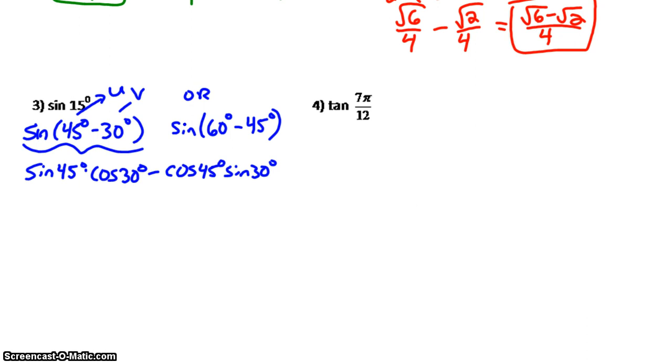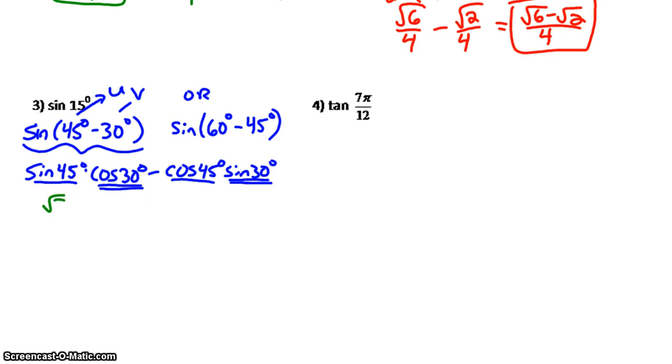So I make a note to self that I've got one sine of 45, and then I must also have a cosine of 45. I have a cosine of 30 degrees and a sine of 30 degrees. So I'm going to see this reoccurring theme over and over again as we work with these sum and difference formulas.